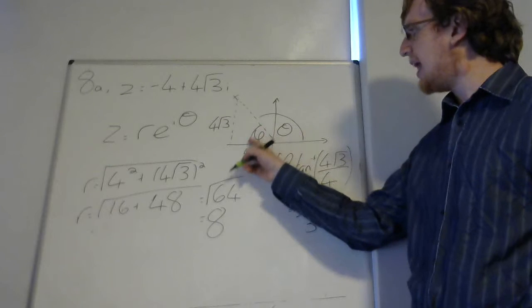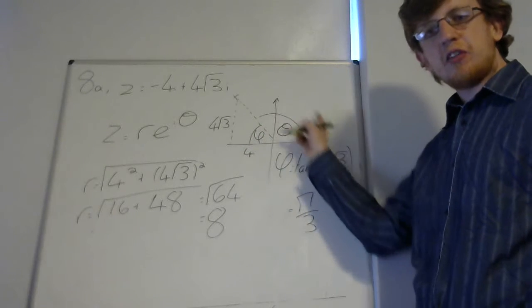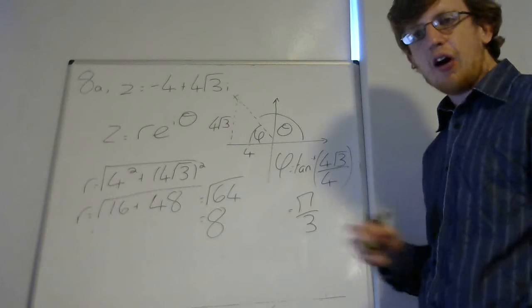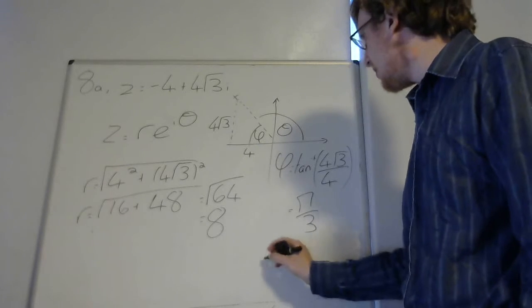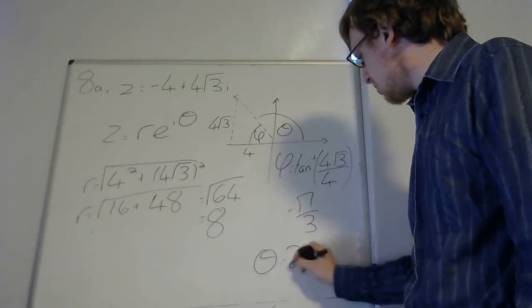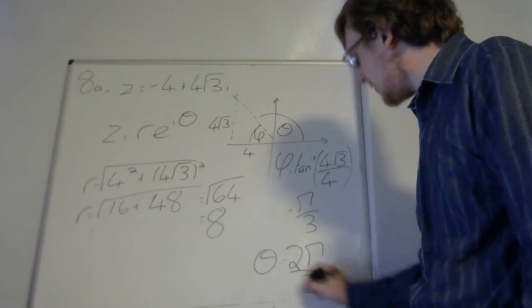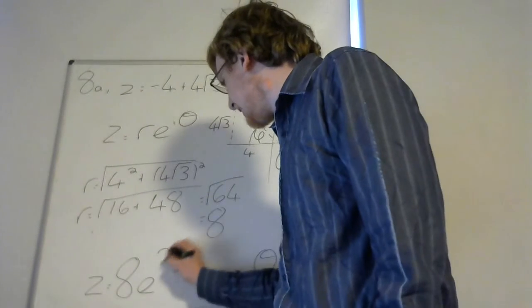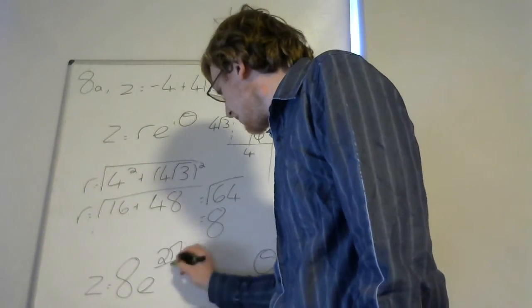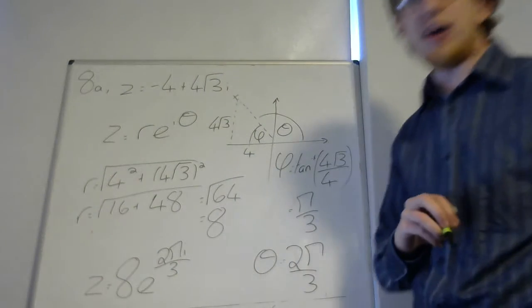So this angle here is pi on 3, but to find theta then, we'd have to take pi on 3 away from pi, because 180 degrees is pi. So theta is equal to 2 pi on 3, and that tells us that the complex number z is equal to 8 multiplied by e to the 2 pi i on 3 for 3 marks.